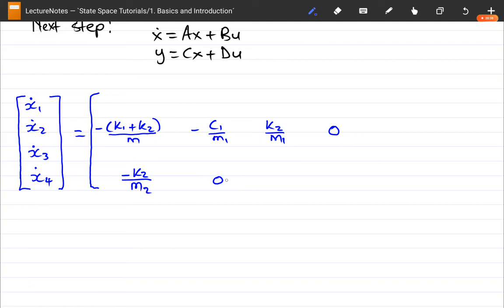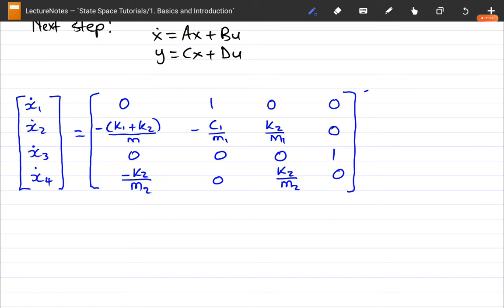And we're going to have 0 there, and then we're going to have k2 over m2. It is m2. Then this is going to be 0, 0, 0, 1, and this is going to be 0, 1, 0, 0, and that looks very ugly. Apologies for that.